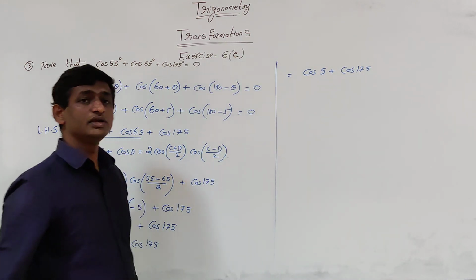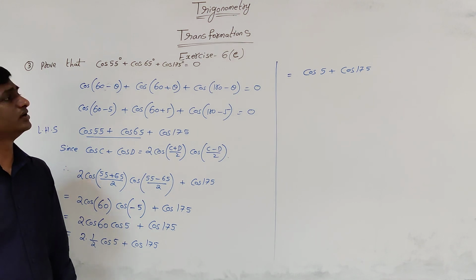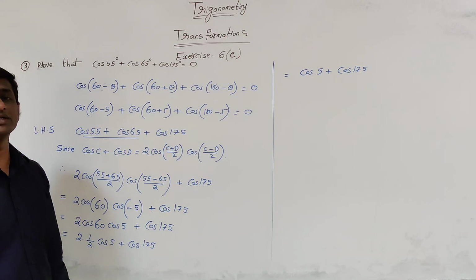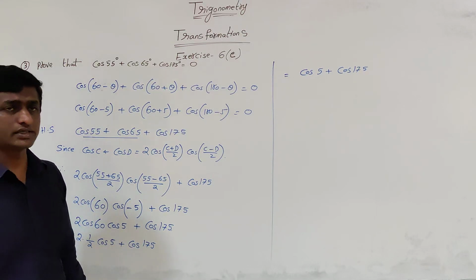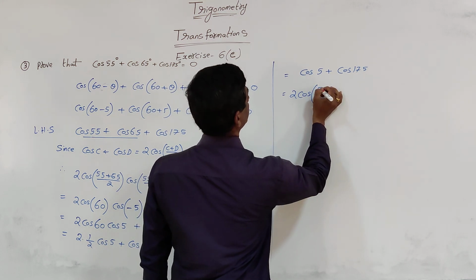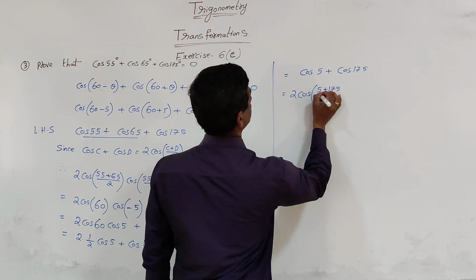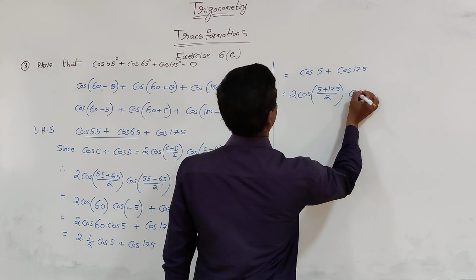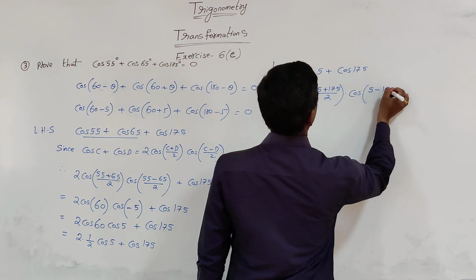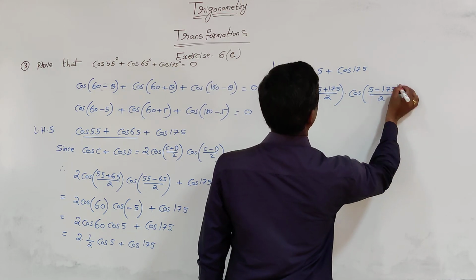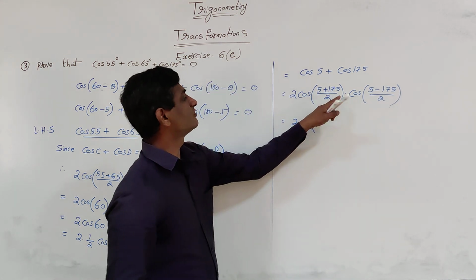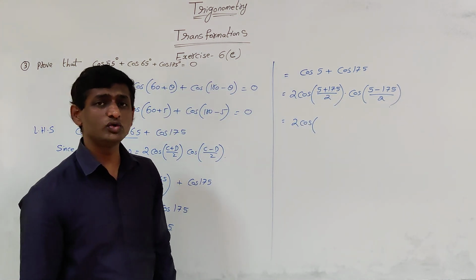Again it is a transformation we can apply, because it is the sum of two trigonometric ratios. We can transform it to a product. In what way? 2 cos of (5 plus 175) by 2 into cos of (5 minus 175) by 2. So 5 plus 175 is 180, and 180 by 2 is 90.